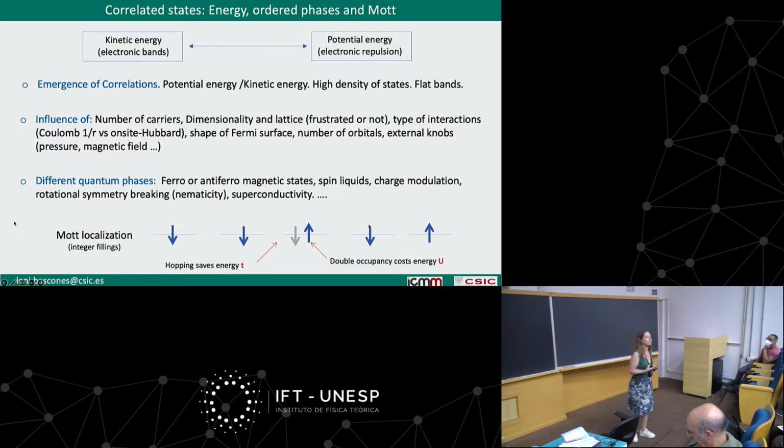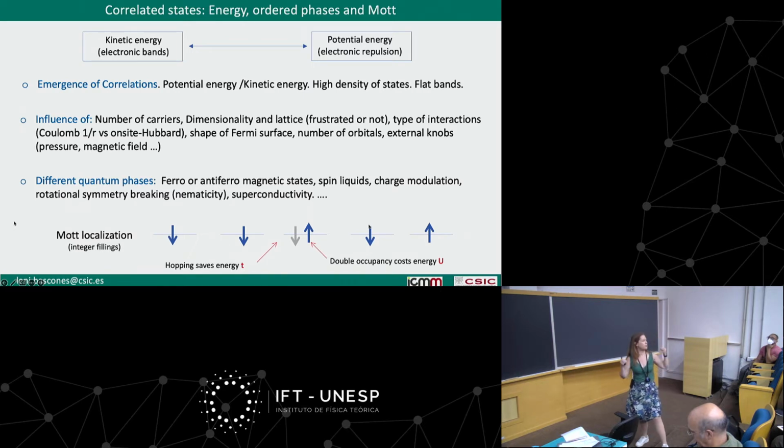There are many effects that are going to determine the effect of the electronic interactions on a system. Particularly important is the kinetic energy of the electrons, which is given by the bandwidth, the width of the bands close to the Fermi level, and the electronic repulsion.